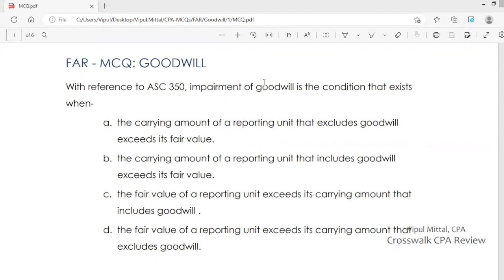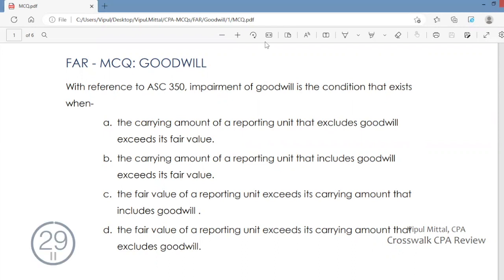With reference to Accounting Standards Codification Topic 350, impairment of goodwill is the condition that exists when... So you have four answer options.